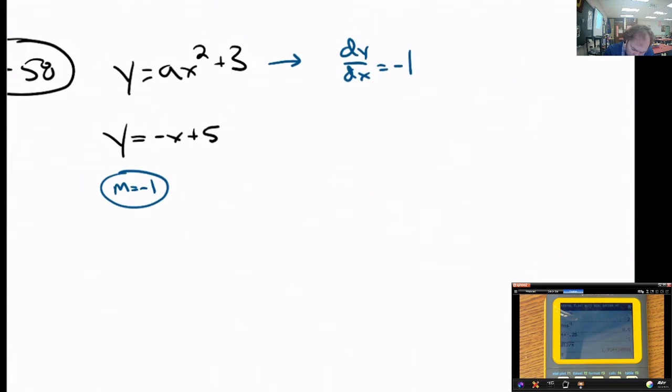The derivative here would be 3ax plus 3 equals negative 1. Now the tricky part here is that we are dealing with two variables. We have an a and an x going on. Negative x plus 5.